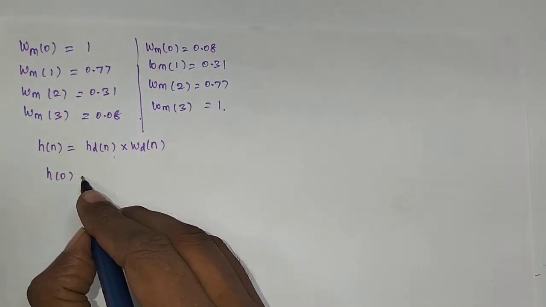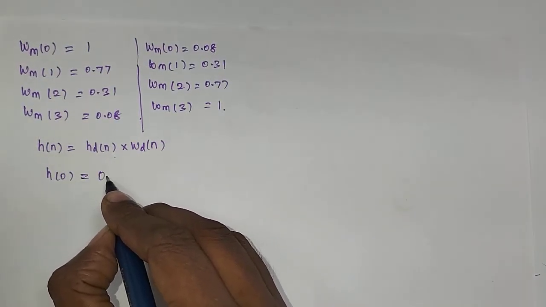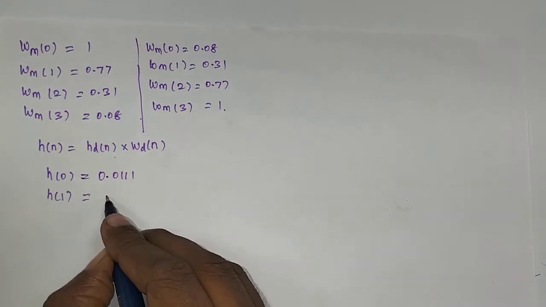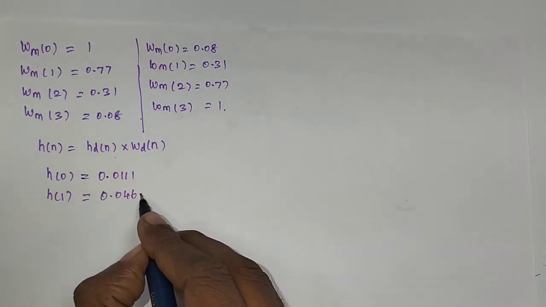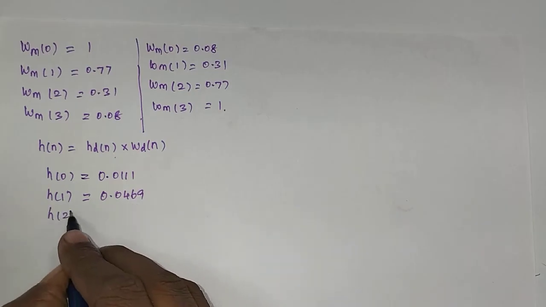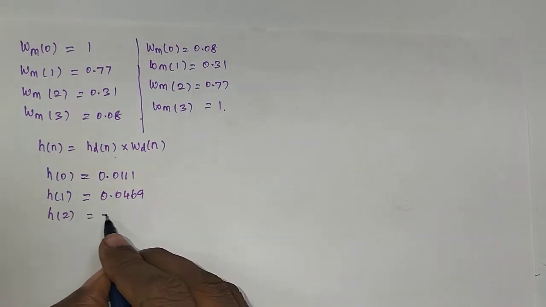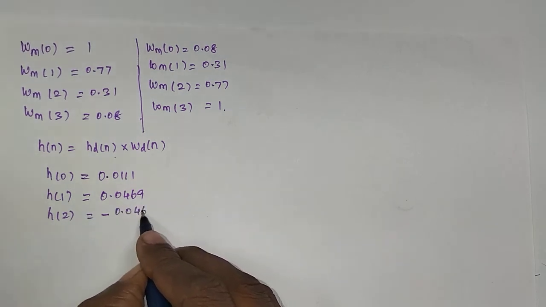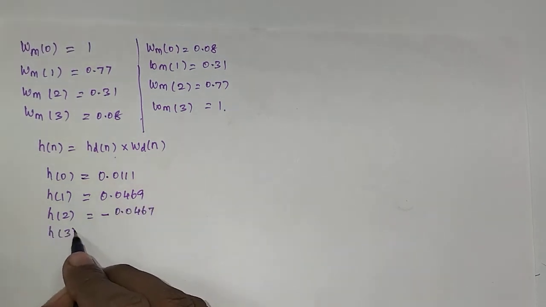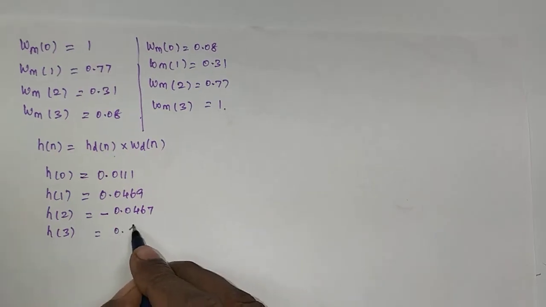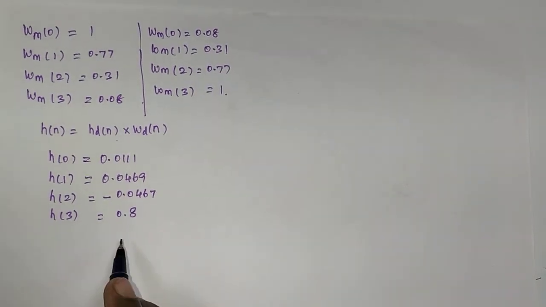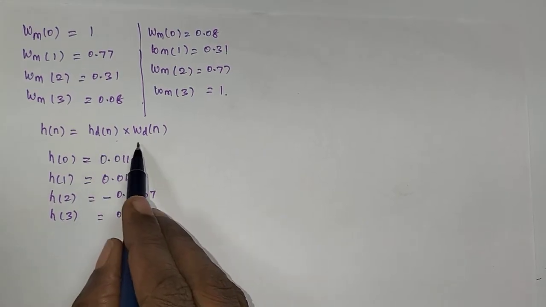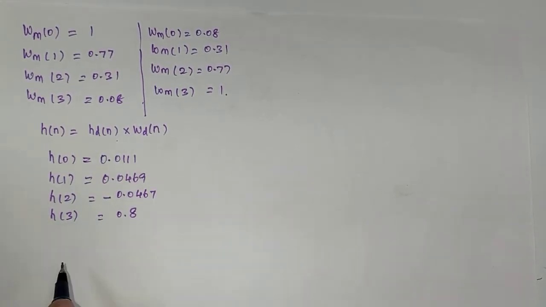The value is equal to 0.011, and for h of 1 similarly, 0.0469, and h of 2 is equal to, multiplying this, minus 0.0467, and h of 3 is equal to 0.8. So we have found the filter coefficients for the desired response using the window function.